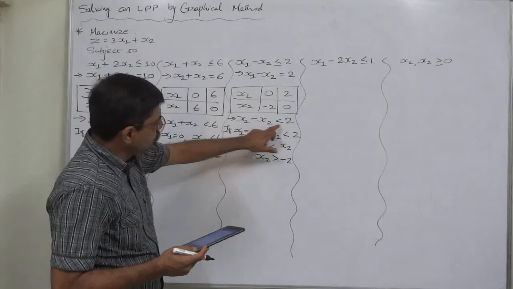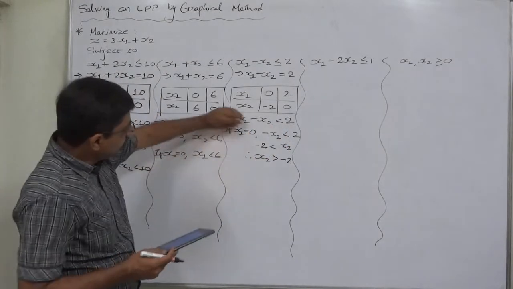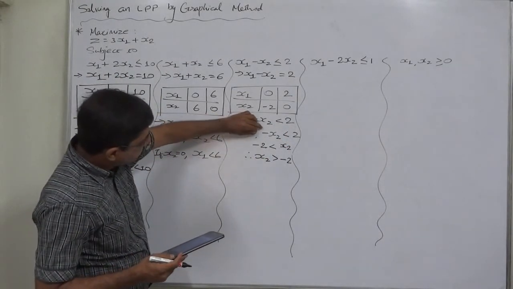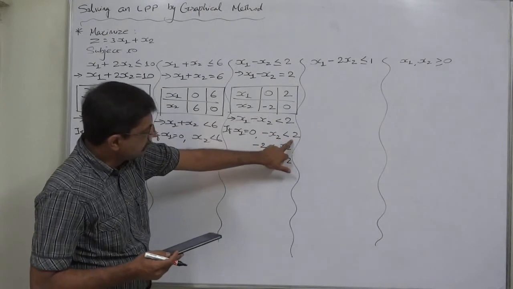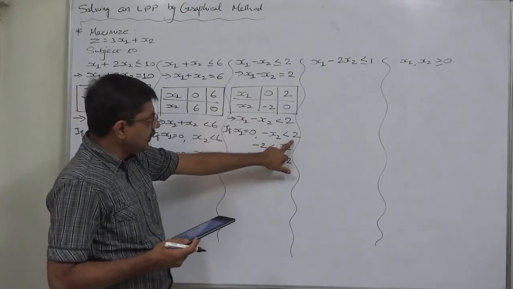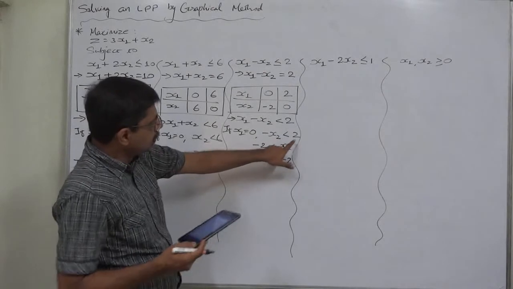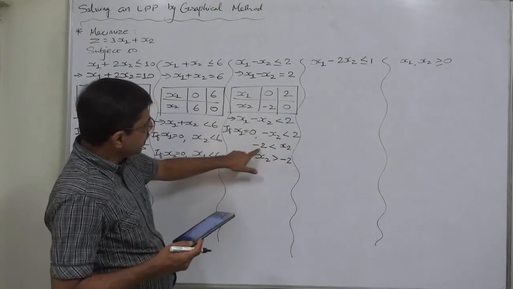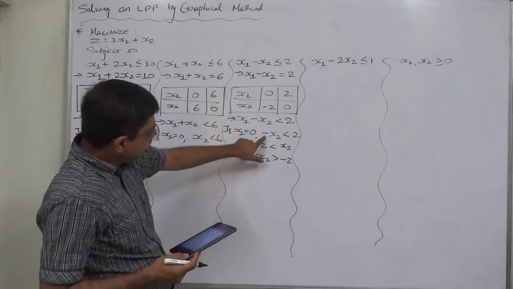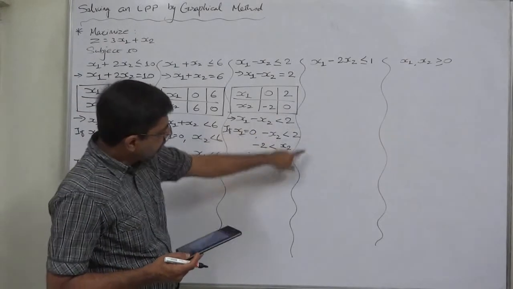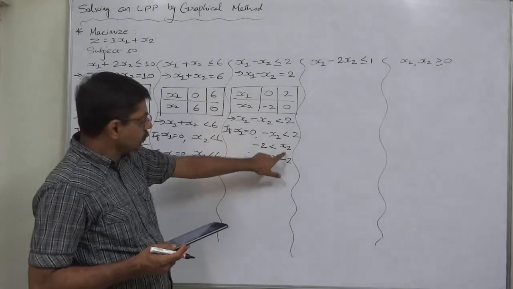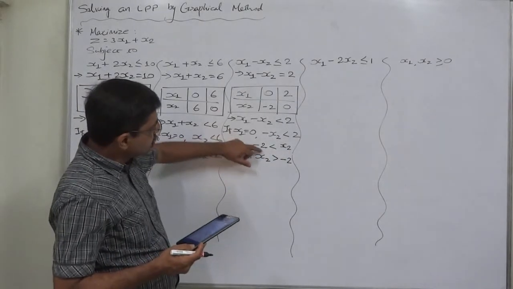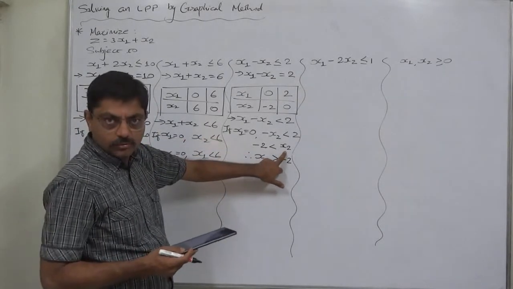x1 minus x2 less than 2. If x1 takes value 0, it is minus x2 less than 2. Now change the side of both the factors. 2 comes to left side from right hand side, so it becomes negative from positive, and minus x2 goes from left to right, it becomes positive x2. So the inequality is now minus 2 less than x2.